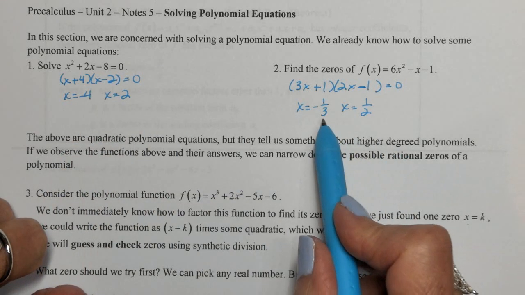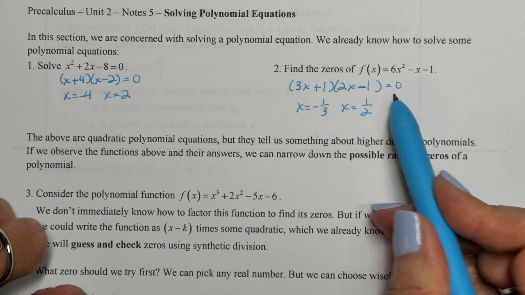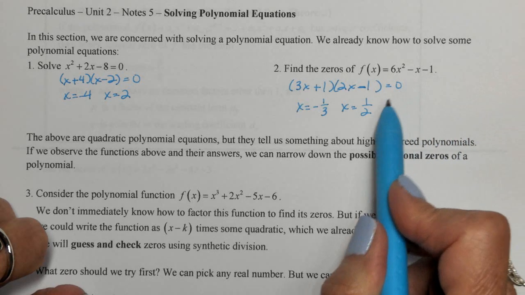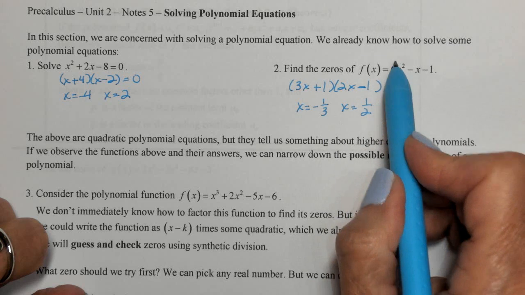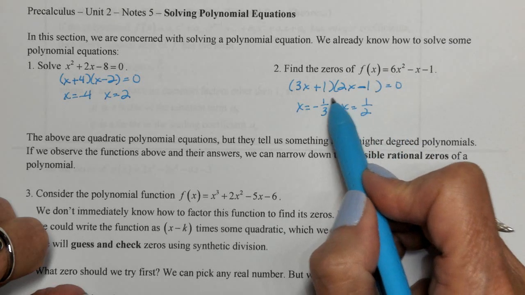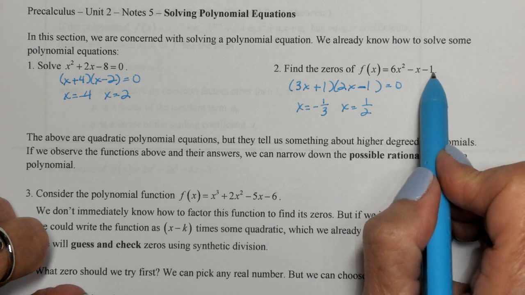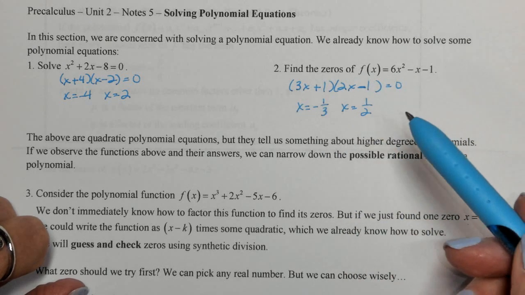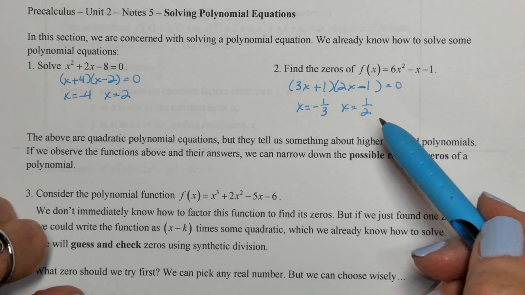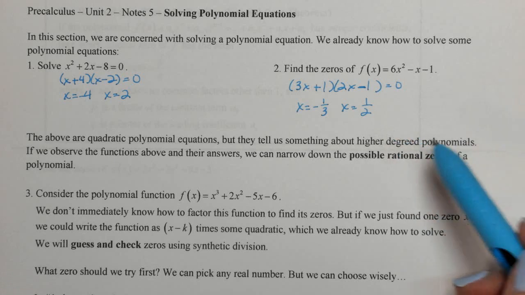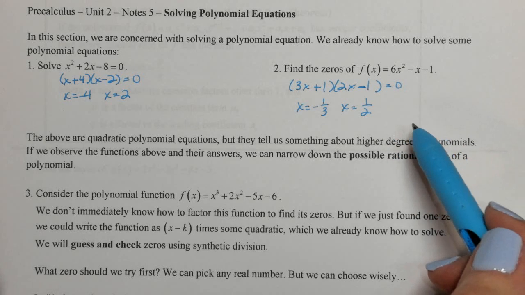What about over here? 1/3 and 1/2, are those factors of 1? No, but 2 and 3 are factors of 6. 1 is the only factor of 1. So I'm asking you to observe those things because we're going to need to do that when we're solving polynomial equations of degree greater than 2.